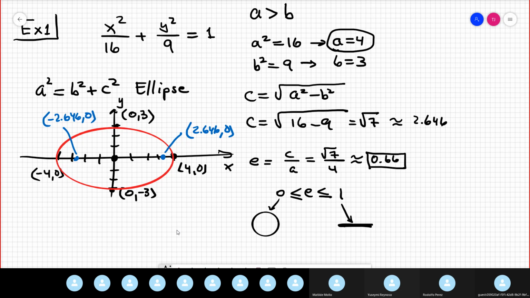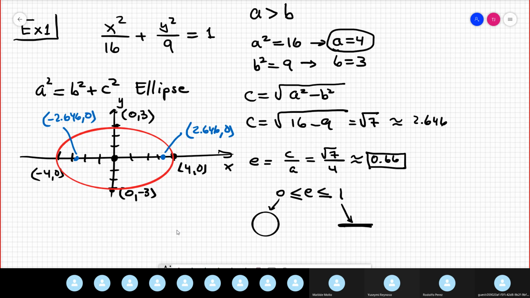Yes. Okay. In this case, the new thing that this problem brings is that the center is not 0,0. The center is at the point h,k. So the equation is x minus h squared over a squared or b squared, plus y minus k squared over b squared or a squared, equal 1.